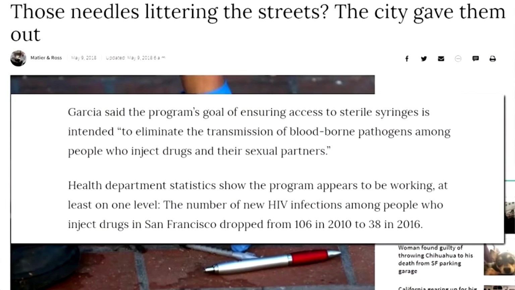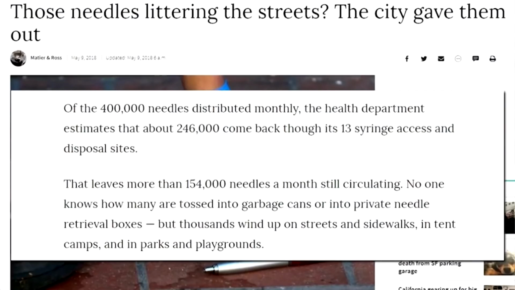In the name of reducing infection from contaminated needles, the health department boasts that it has reduced the number of new HIV infections among people who inject drugs from 106 in 2010 to 38 in 2016. Whoop-de-doo! Out of 400,000 needles distributed monthly, 246,000 come back, leaving 154,000 needles on the streets, in parks and playgrounds. All because the government is giving them out for free.